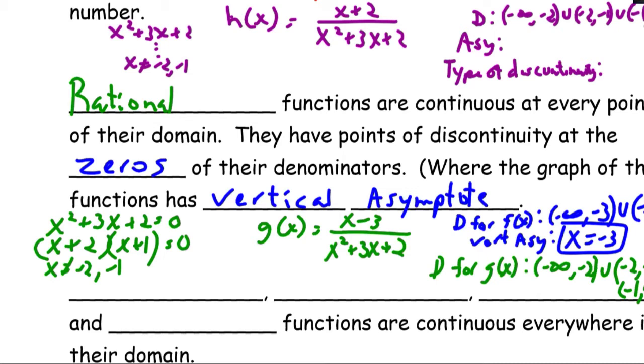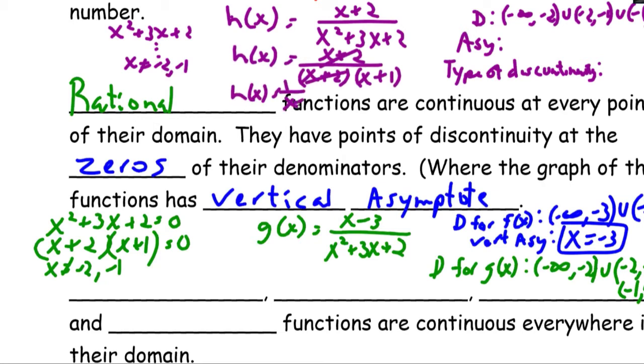But when I rewrite h of x in factored form, what happens? x plus 2 cancels out, right? And I get 1 over x plus 1.